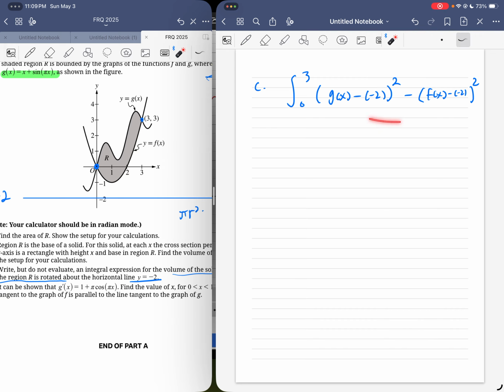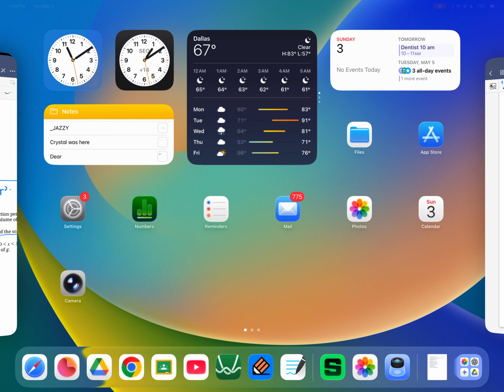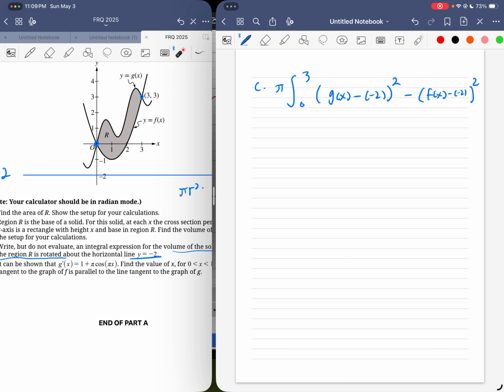So that's the radius among the pi r squared. We just have to add pi. That's it. The question said do not evaluate, so that's it. So that's a 3-point question. I don't know how the points are split, 1 point this, 1 point this, but it's a 3-point question, so whatever.